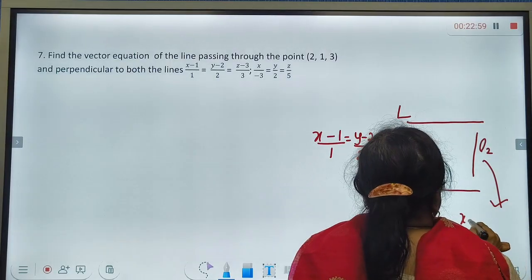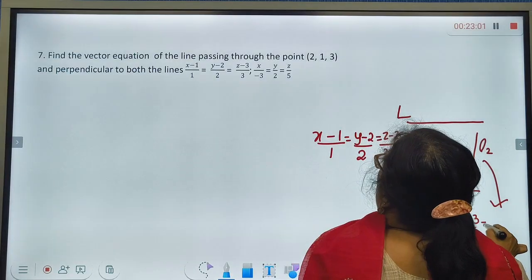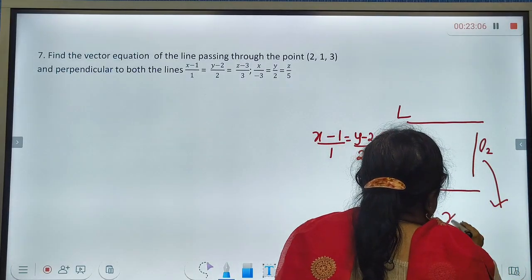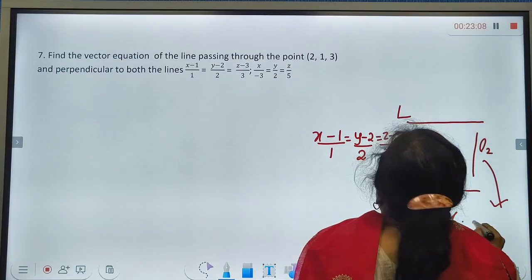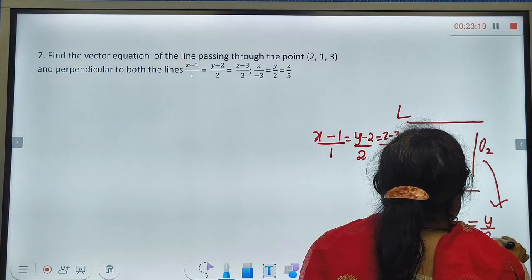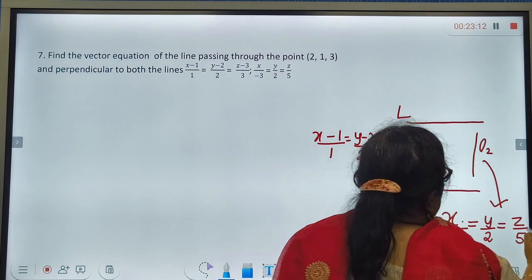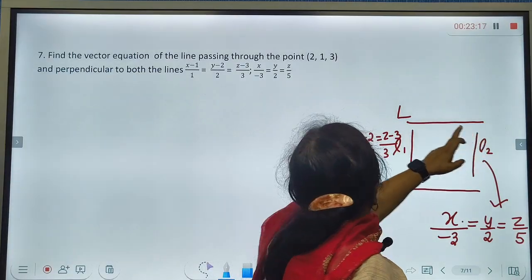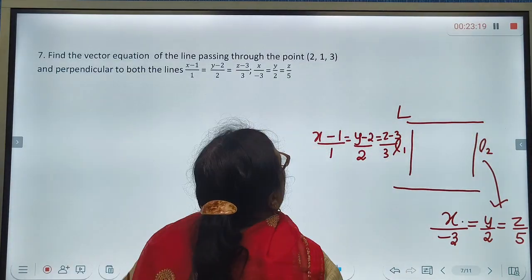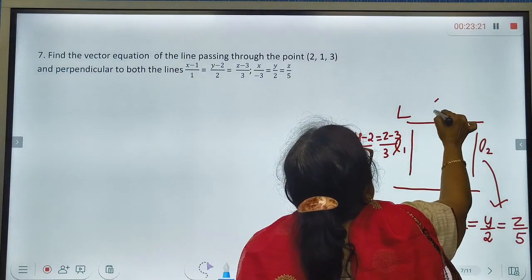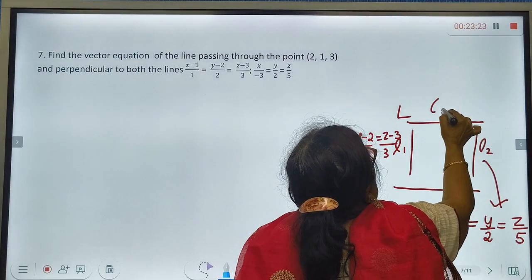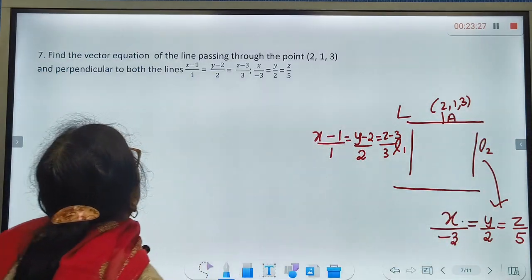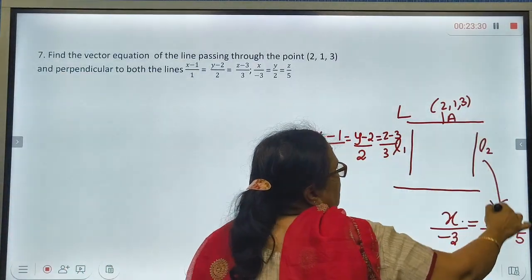L2 is x by minus 3 equal to y by 2 equal to z by 5. I want to find the equation of this line passing through the point 2, 1, 3. This line contains the point 2, 1, 3, and it is perpendicular to these two lines.